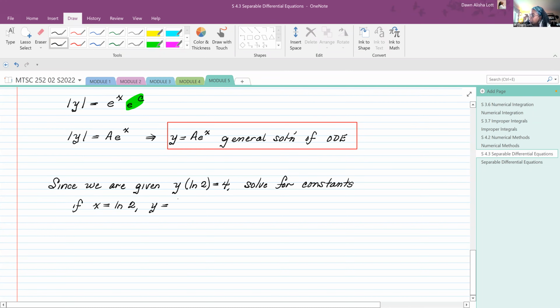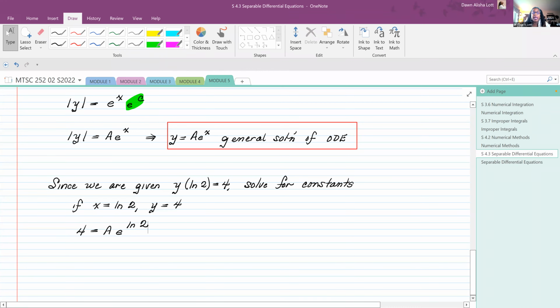So let's plug it in. So we get 4 is equal to a e to the natural log of 2. Can I simplify that? Can I simplify e to the log of 2? What does that simplify to become?